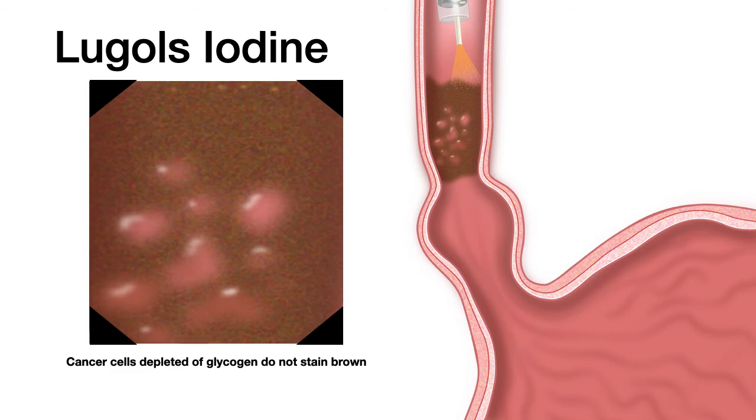And you either take a small biopsy from there, or you may consider sending that patient for a resection, which can be done either by EMR, that is endoscopic mucosal resection, or endoscopic submucosal dissection. So, Lugol's iodine is used for screening especially squamous cell cancer of the esophagus.